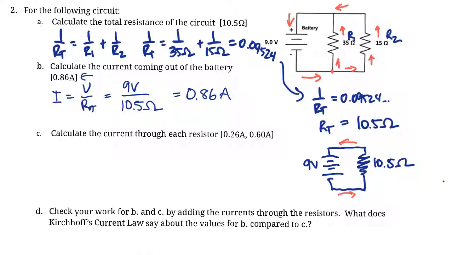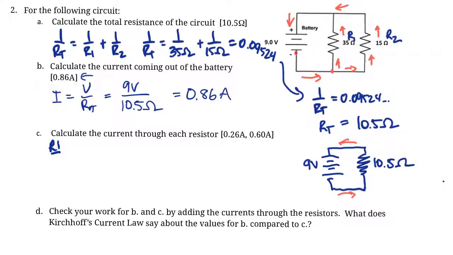So if we look at resistor 1 by itself first, think about this. What's the electric potential difference across this resistor? Well, because we don't really think about wires as having a change in resistance, they don't have any resistance, right? In this case, we're assuming they have no resistance.